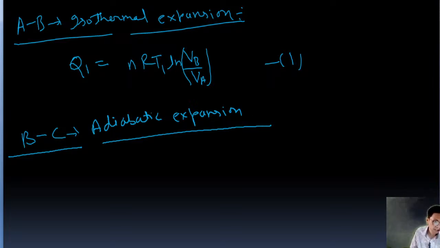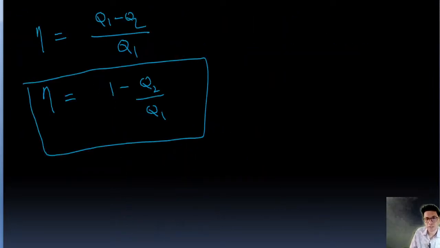And in adiabatic expansion, we know the formula, right? T V to the power gamma minus 1 equal to constant, which we have used.